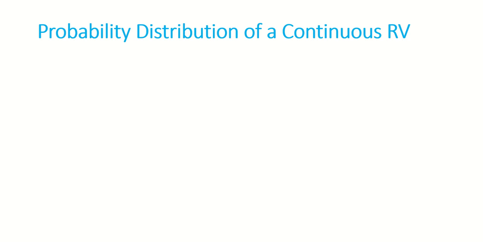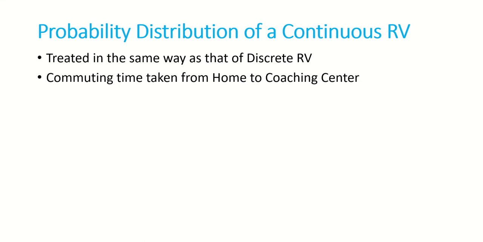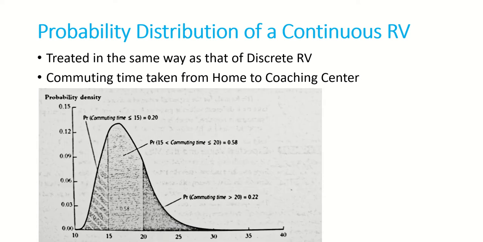So if we basically look at the probability density function, again, to make it simple, it is treated in the same way as a discrete random variable. And for this example, we are taking the time taken from, let's say, home to coaching center, or from home to office.